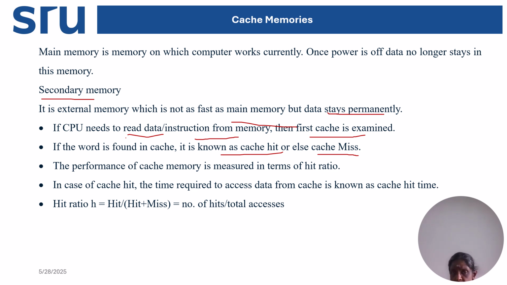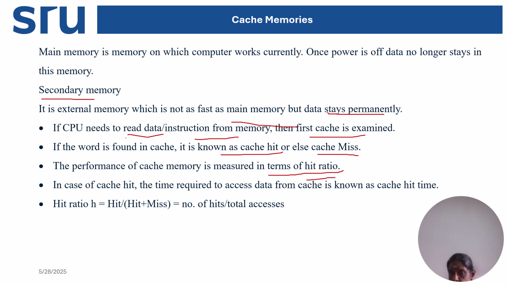The performance of the cache memory is measured in terms of hit ratio. Wherever speed is involved, we have to use speed as the performance parameter, and here the cache is as fast as possible. So the performance of the cache is measured in terms of hit ratio.